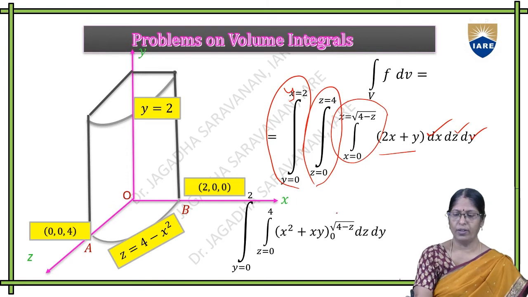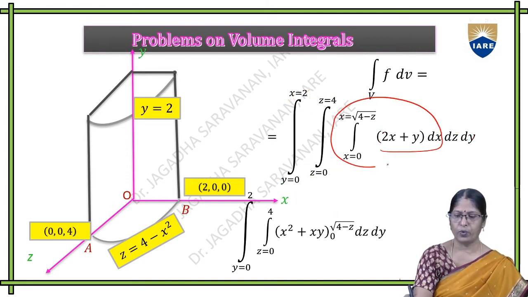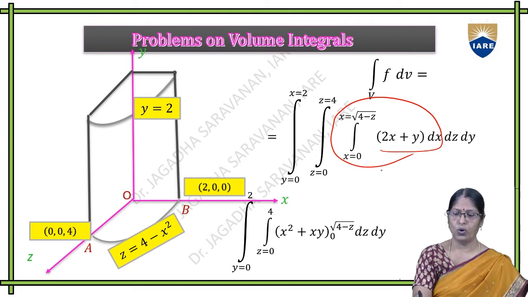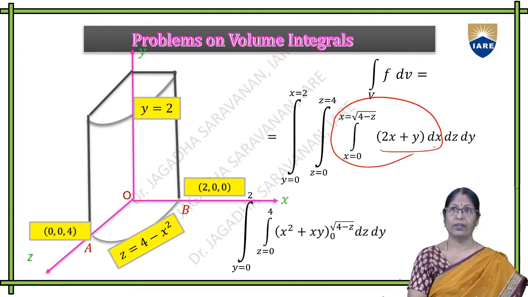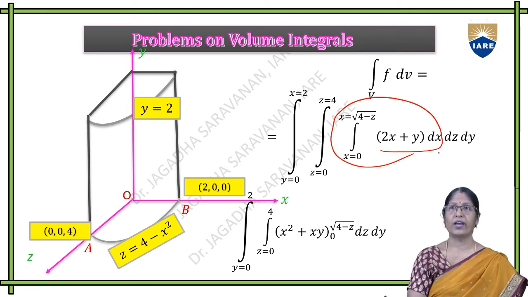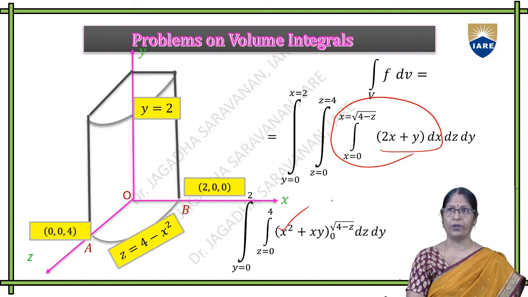Now we can see it. The function here, this is what I circled, we are going to concentrate on. With respect to x, we are going to do the integration. So 2x dx, it's nothing but 2 times x dx, the integration is x square by 2. 2 getting cancelled, x square.